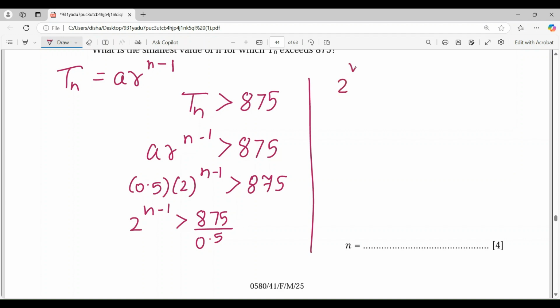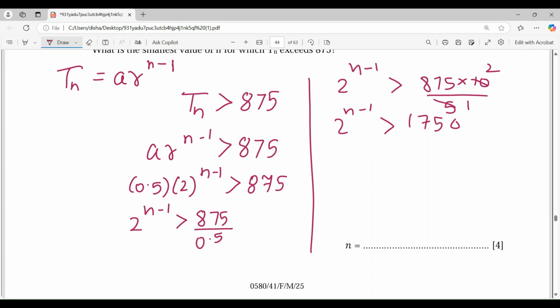So 2 raised to n minus 1 is greater than 875 times 10 upon 5. So that equals 1750. Five ones are 5, five twos are 10. So 1750.